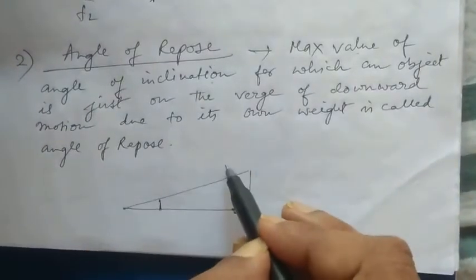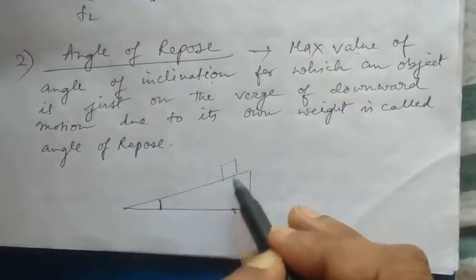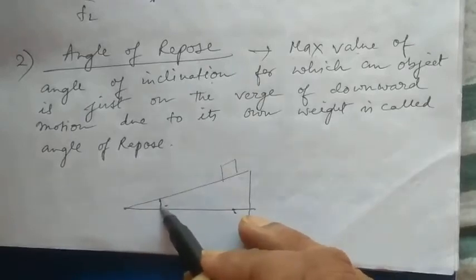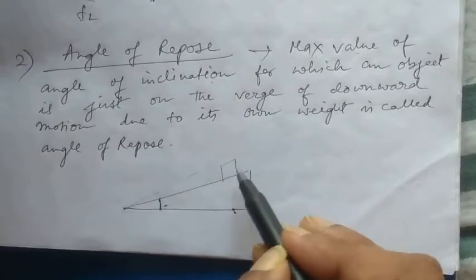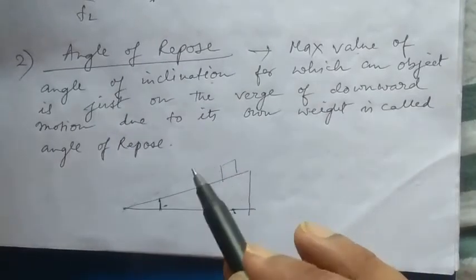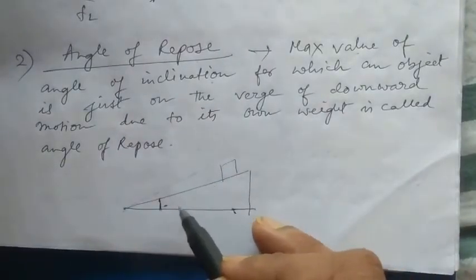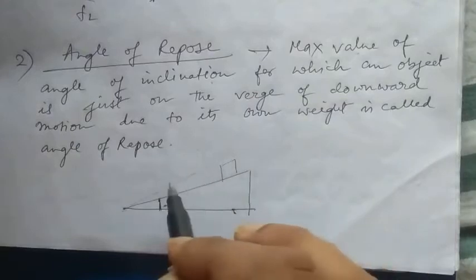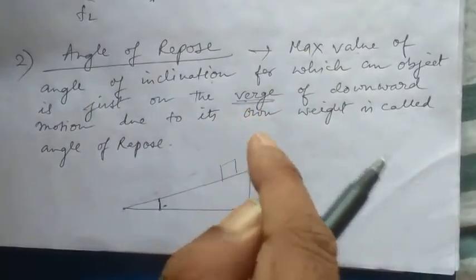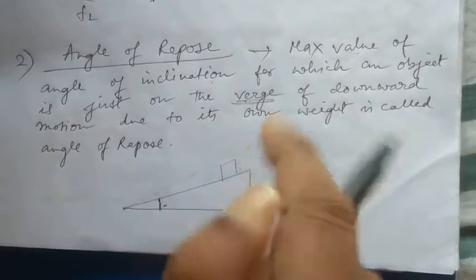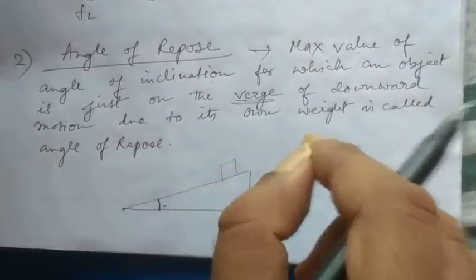If we keep the body here and slowly increase the inclination, at a particular angle of inclination the body will have a tendency to fall downwards. It is not falling down, but it is on the verge of downward motion due to its own weight.